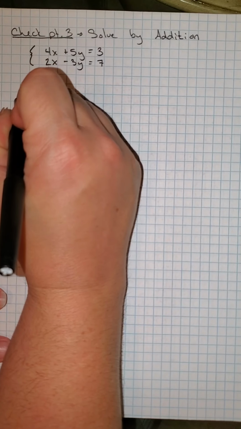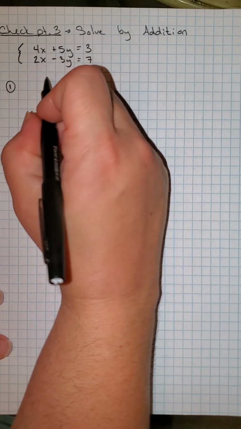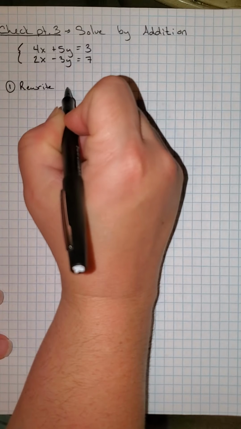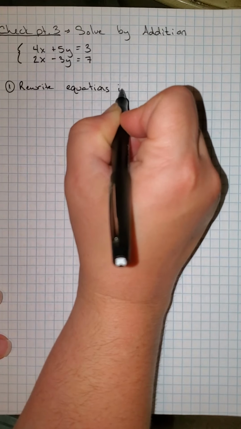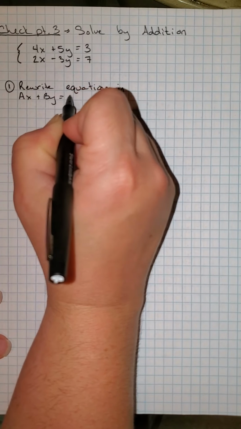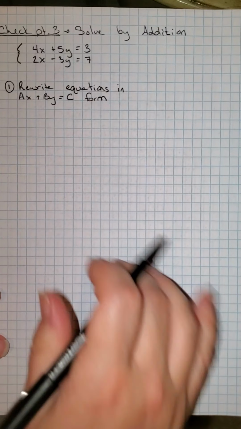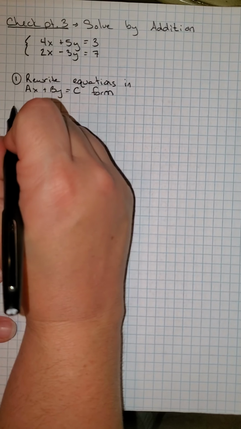That would be step 1, to rewrite equations in ax plus by equals c form, which is the more typical standard form that you would see in other books. Okay, we're good. We don't have to do that.